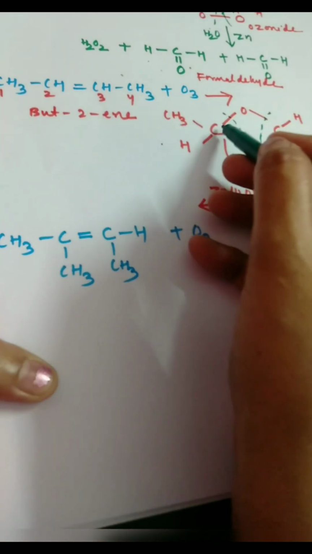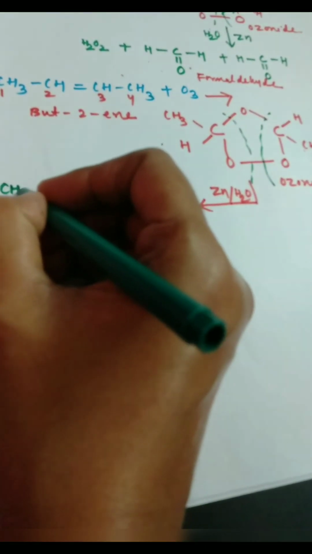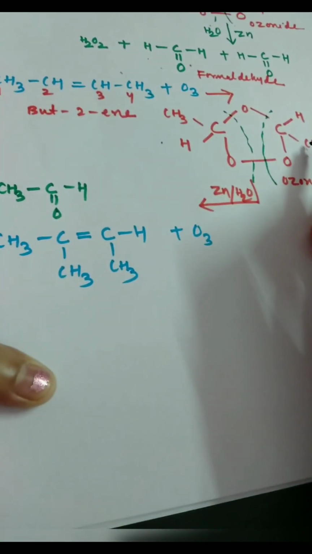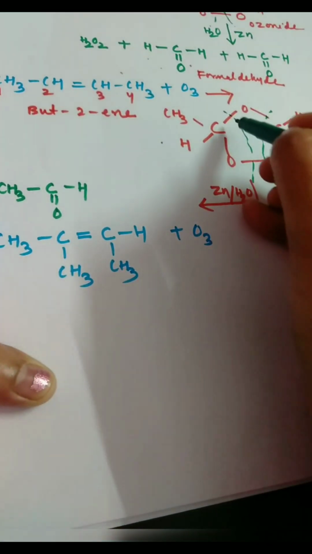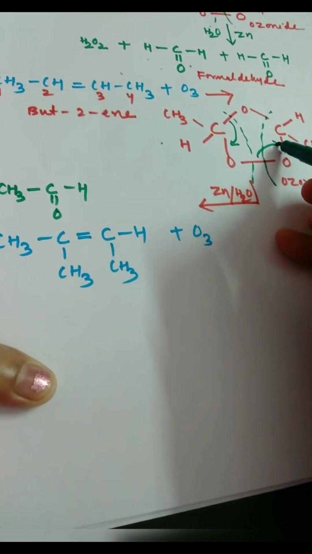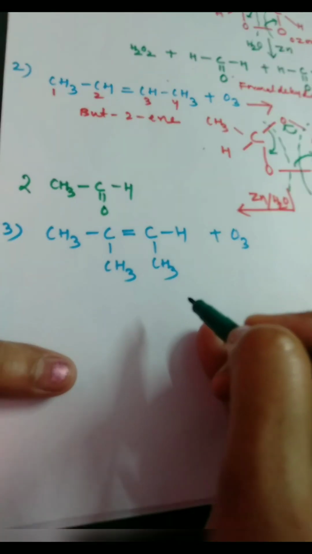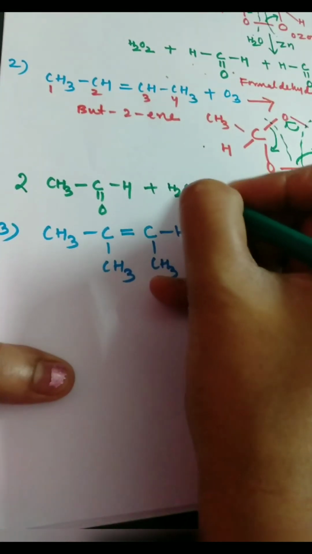CH3C double bond OH, that is acetaldehyde. Here also CH3C double bond OH, that means this bond goes to this position. So two molecules of acetaldehyde, plus H2O2.